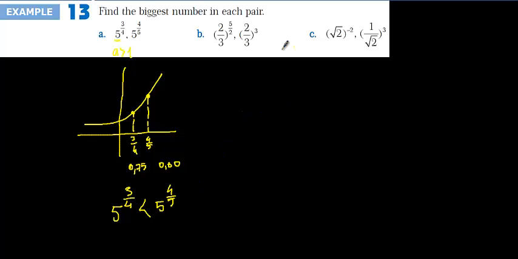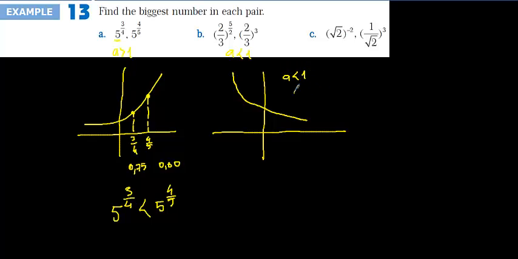Okay, here if we compare these two, the base 2 over 3 is smaller than 1. For these values we are going to draw this graph, the a is smaller than 1 graph. And here 5 over 2 is equal to 2.5. If this is 2.5 and 3, it's going to be here.